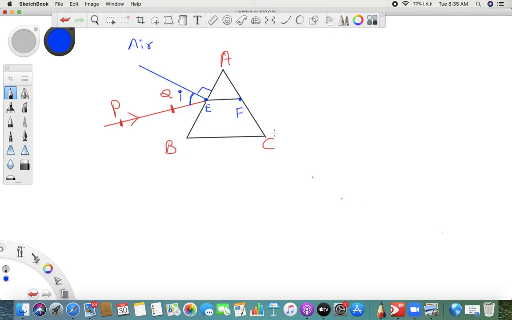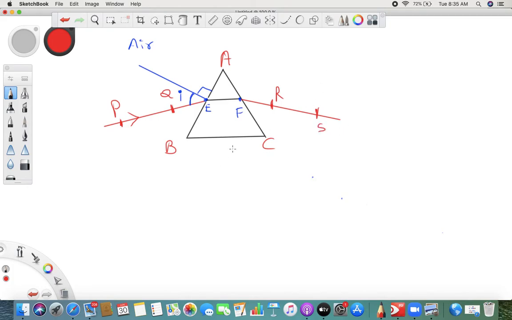Now it is going from dense to rare, so it bends away from the normal. So here, I'll name this again as RS.